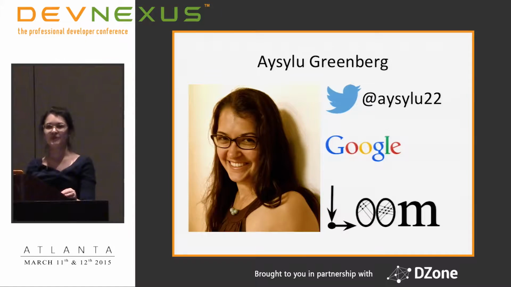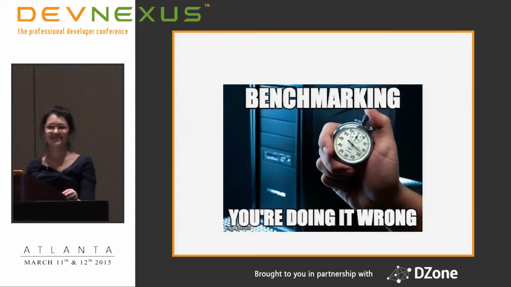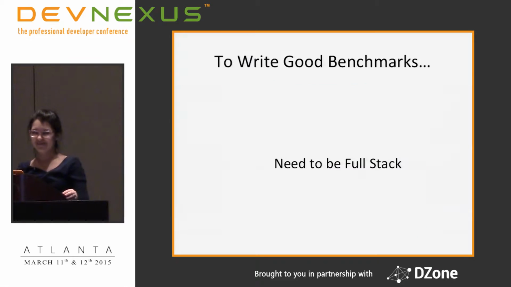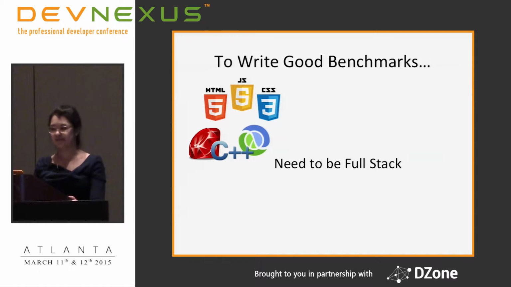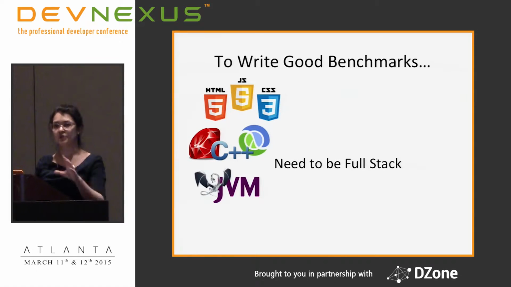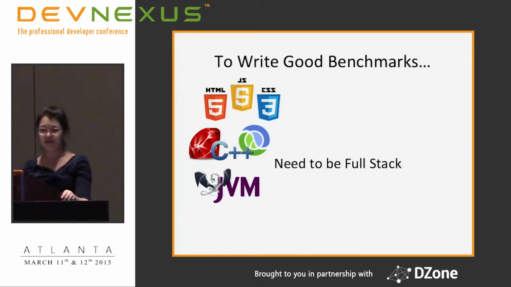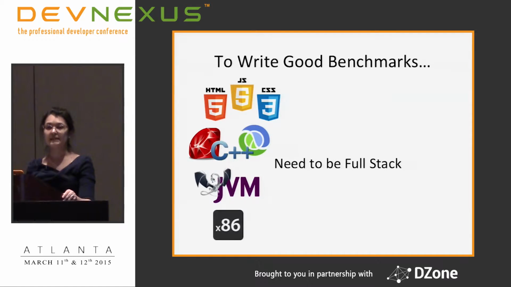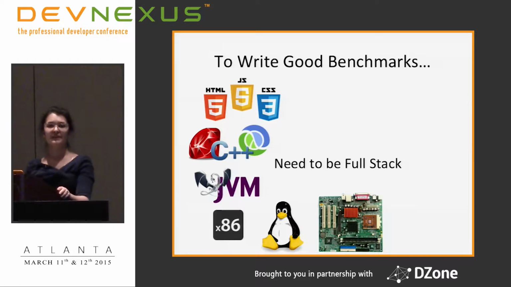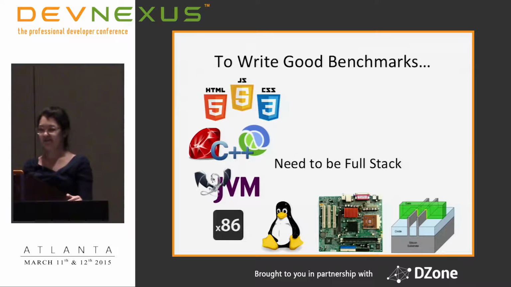So let's get started with a simple case. Stopwatches. In order to write benchmarks, one needs to be full stack. So one needs to understand the front end and the back end of the system, as well as the bytecode and the internal representation emitted by the compiler of the language, and the low-level machine code generated by the code generator, as well as the operating system, the hardware, all the way down to the gate level, and the device physics if you have to.